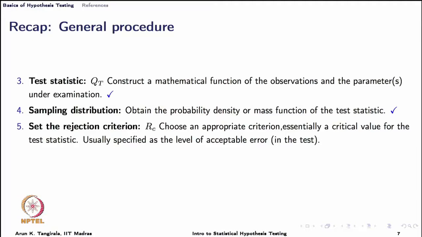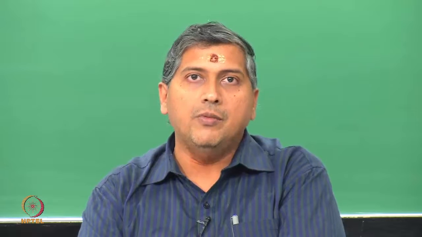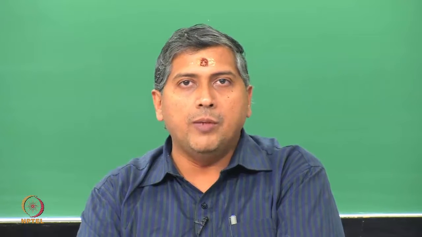Once we know the sampling distribution, then the only step that is left is to set the rejection criterion. That is, I compute the test statistic, and now I want to ask, if the null hypothesis is true, do I actually consider this value of test statistic that I have observed acceptable or not? For this, I have to set a certain threshold, that is what we call as a critical value. Now, this critical value can be specified in different ways. In an elementary way or a rudimentary way, you can directly specify the critical value.